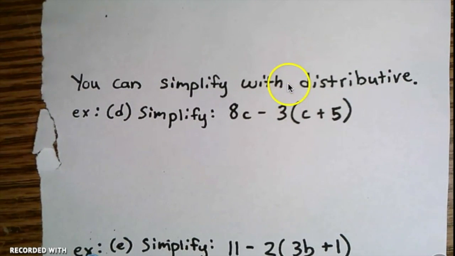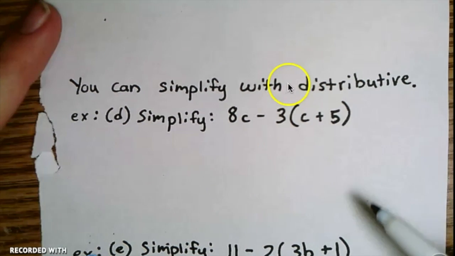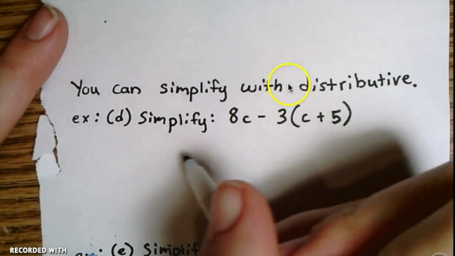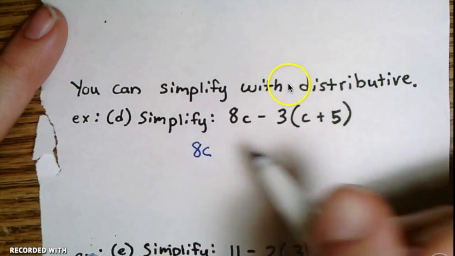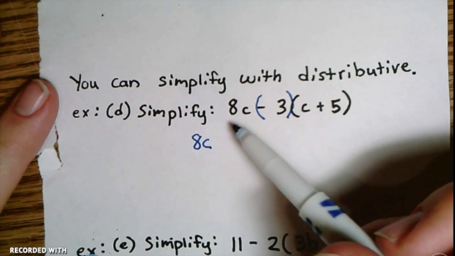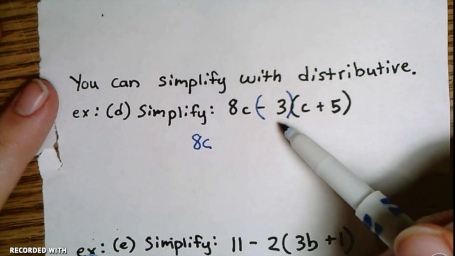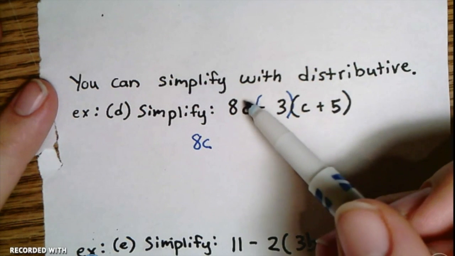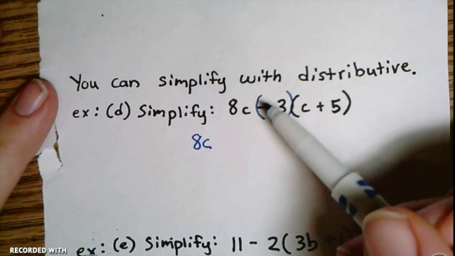Here's another cool thing we can do. You can simplify with distributive property. So here it says simplify 8C minus 3 times C plus 5. So what I'm going to do is start by writing out my 8C. Now remember, if we were to change 8C minus 3 to an addition problem, it would be 8C plus -3. And that's what we're going to do.